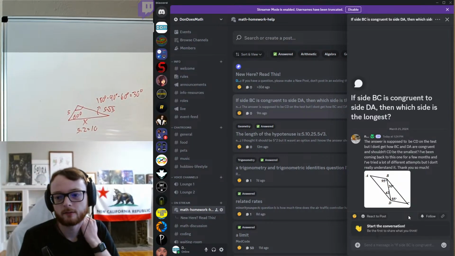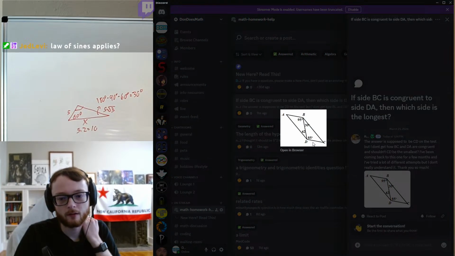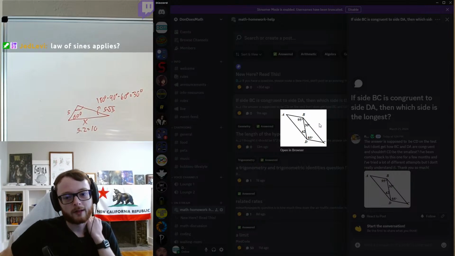I agree that CD should be the smallest. The only way to make CD bigger is if BC and BD, you extend them out farther down. But then BC is just going to be longer still.